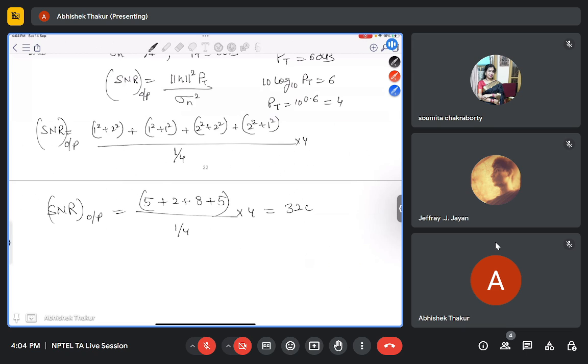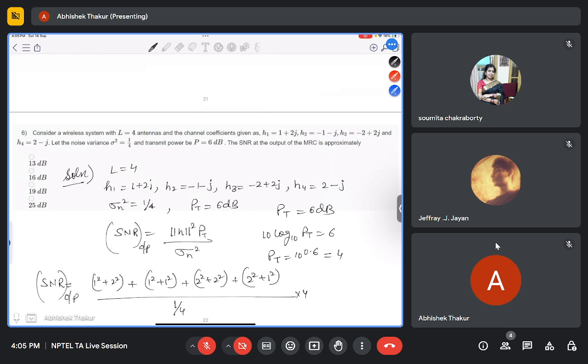So it will be 320. Now SNR at the output in dB is equal to 10 log 10 of 320. So when we find this, we will get it as 25 dB. So the correct answer is option number D.